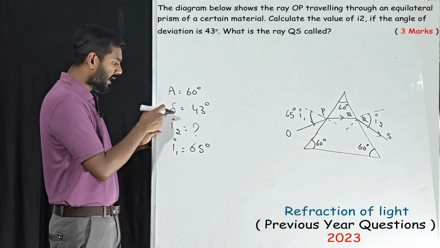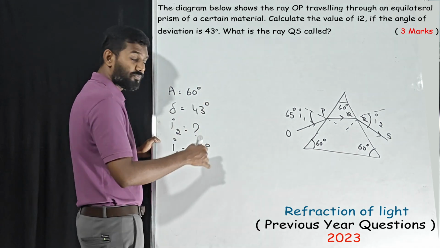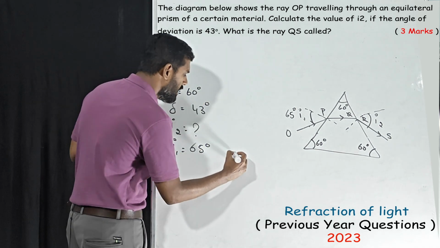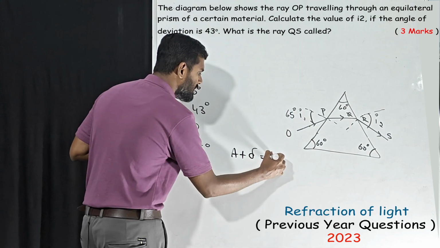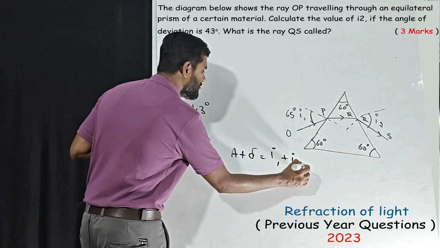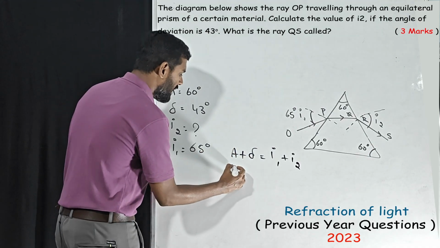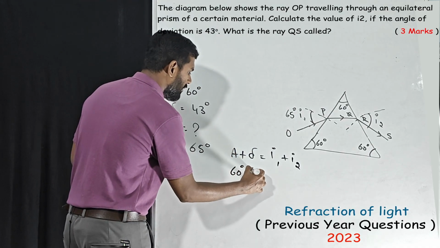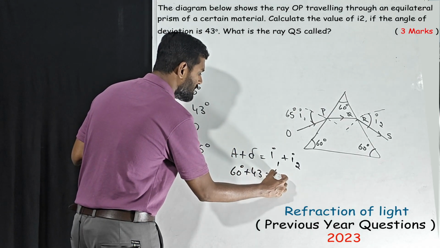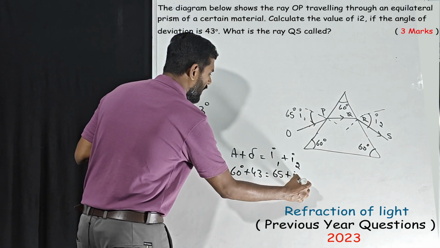I'll show you. I2 we need to find. What is the data given? A plus delta is equal to I1 plus I2. This is the formula, correct? Here we have to substitute the values: A as 60, delta 43, and I1 65. We need to find I2.